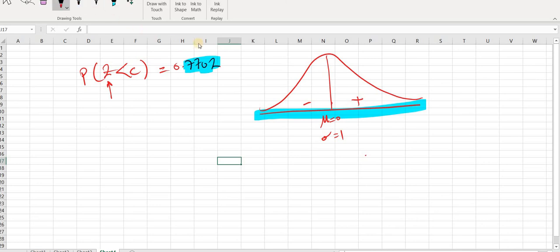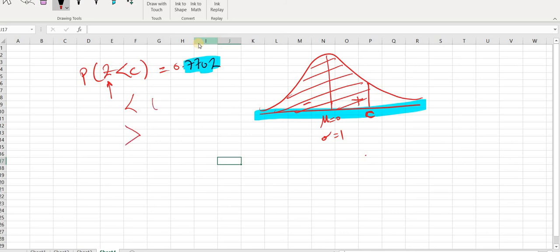So I know that the area is going to be bigger than half of the graph, for sure, because it's approximately 77%. And that this area is actually less than the C, the missing number C at the bottom here. So less than means it's the area to the left. To know the less than and greater than, less than is similar to the letter L, greater than is the opposite of that.